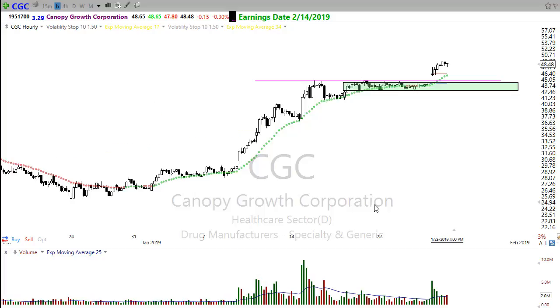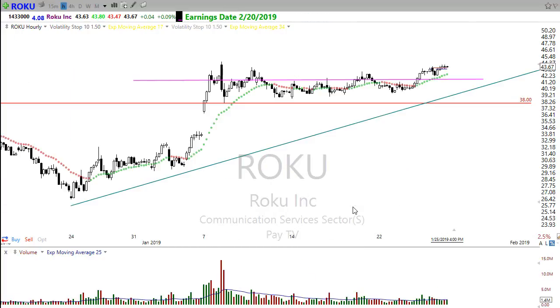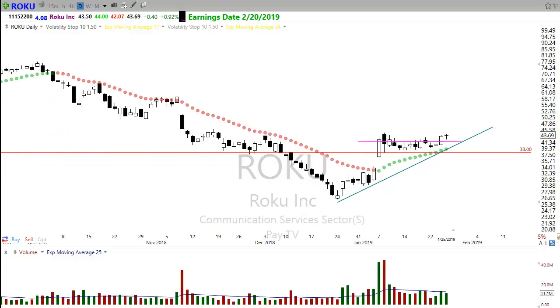How many of you guys remember that Roku? Here's a great example of this. Roku, lots and lots of folks were trying to buy Roku right in here. Now, that didn't hurt anything, did it? Sometimes, if this holds in here and you buy there, your stop loss still holds, it's okay.